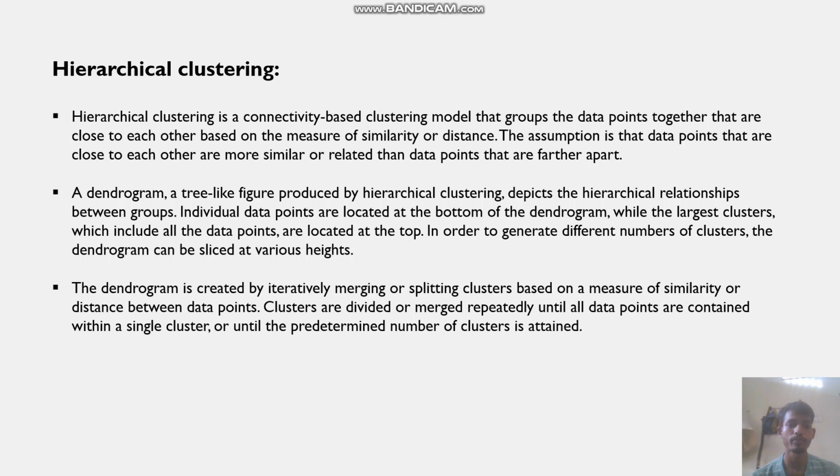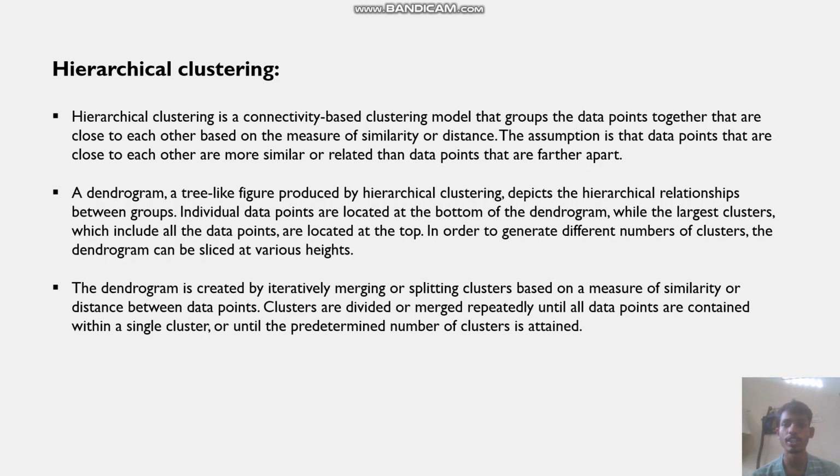A dendrogram, a tree-like figure produced by hierarchical clustering, depicts the hierarchical relationship between groups. Individual data points are located at the bottom of the dendrogram, while the largest clusters, which include all the data points, are located at the top.